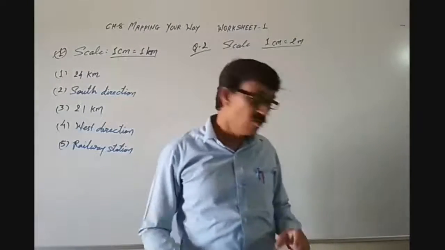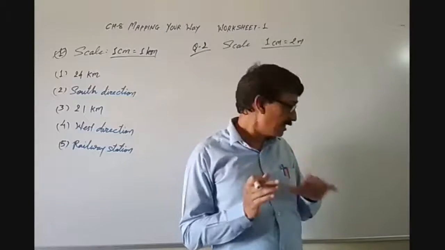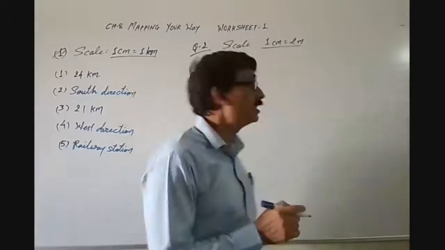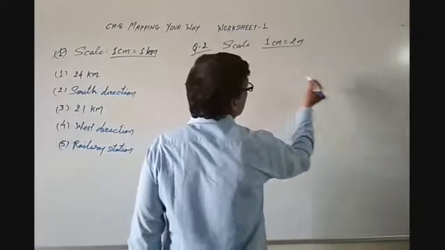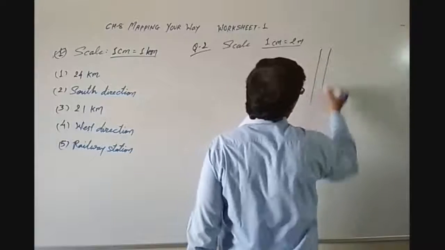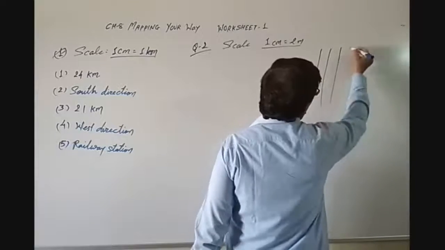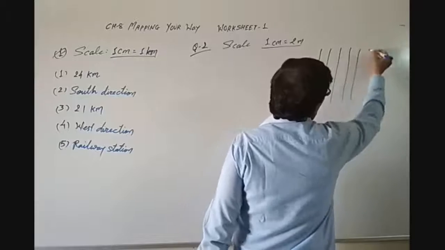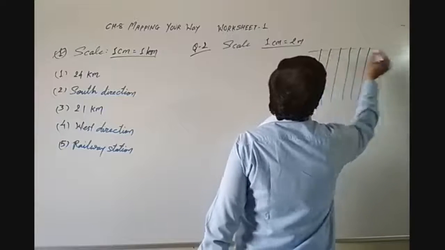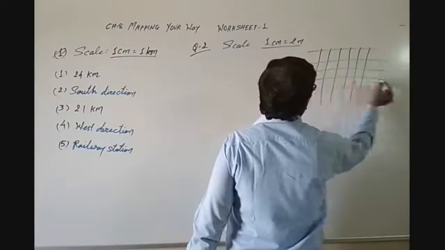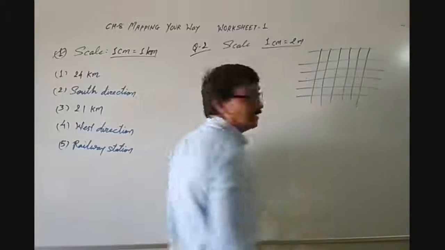Remember that. Now let me make you understand. You can see the grid. Suppose somewhere over here there is a grid, isn't it? There is a grid, something like this.